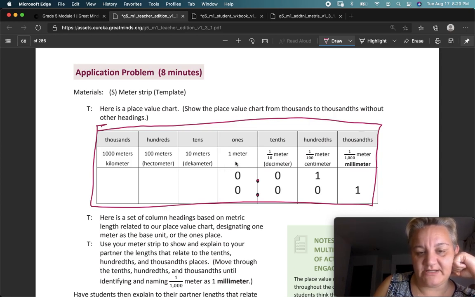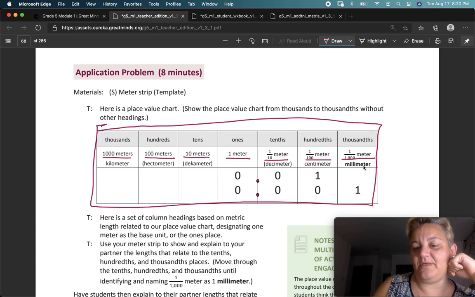So 1 meter is 1, okay? 1 meter, 10 meters, 100 meters, 1,000 meters, a tenth of a meter, a hundredth of a meter, and a thousandth of a meter, okay? So ones, tens, hundreds, thousands, 1/10, 1/100th, and 1/1,000th, okay? Just like in our place value chart that we've been using.